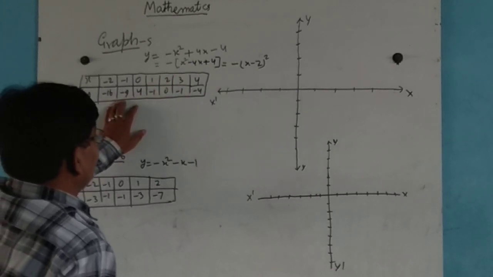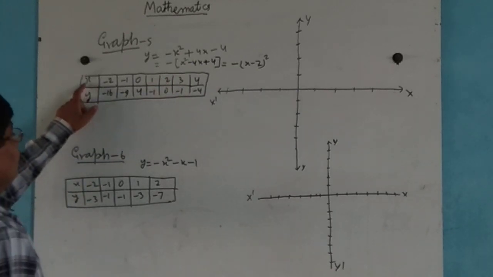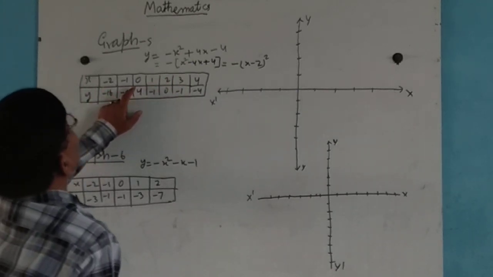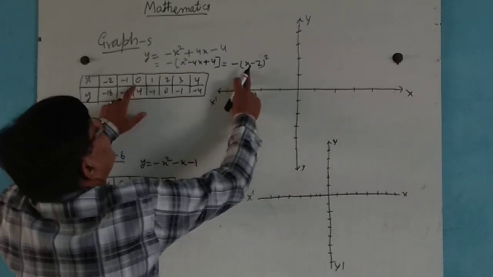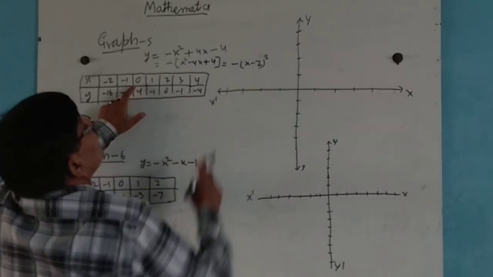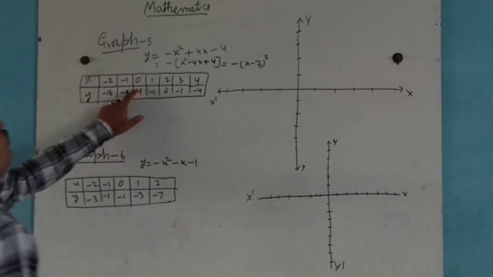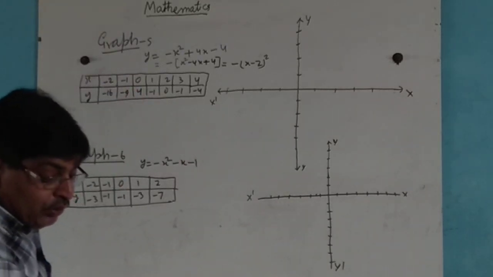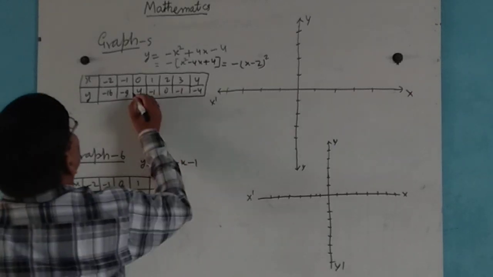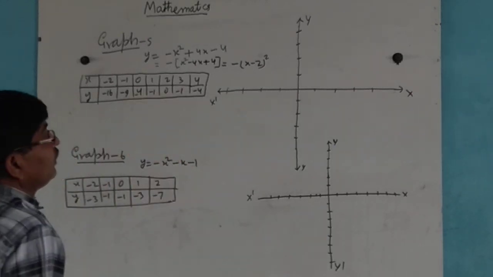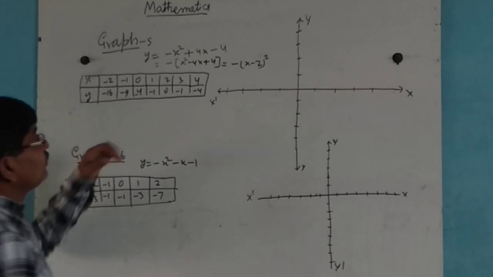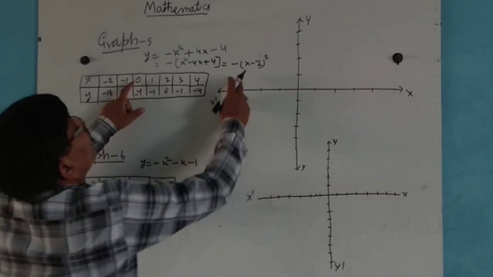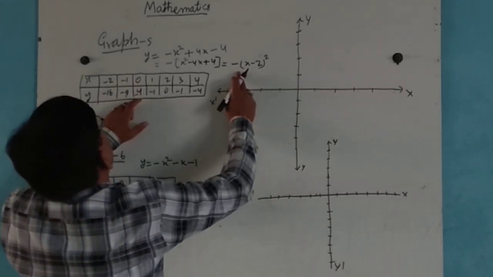Now putting x equal to 0, the value is -4.